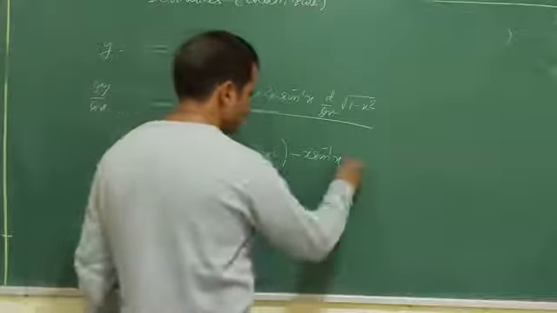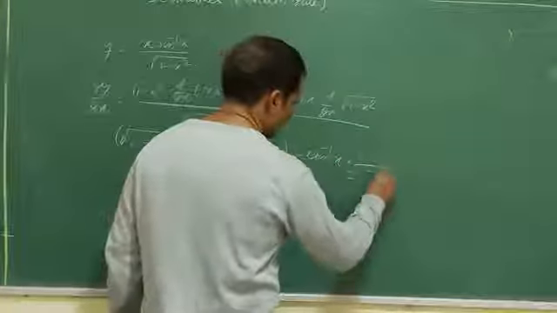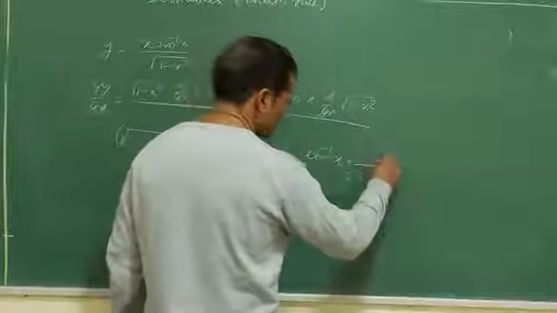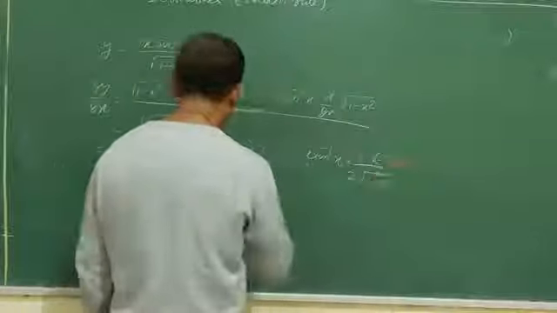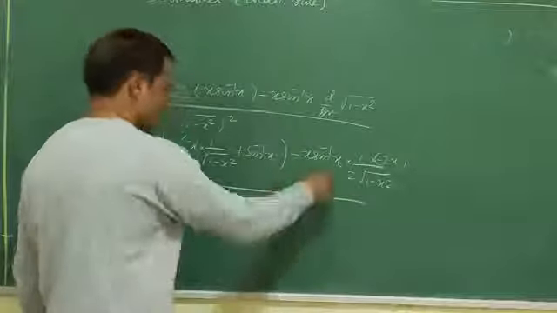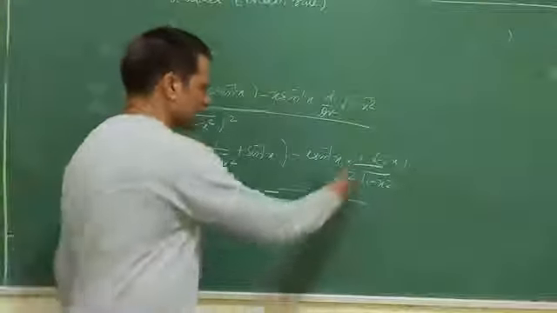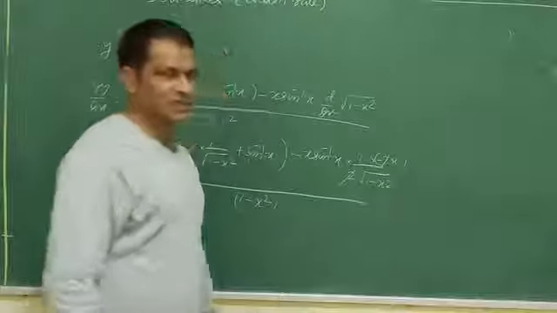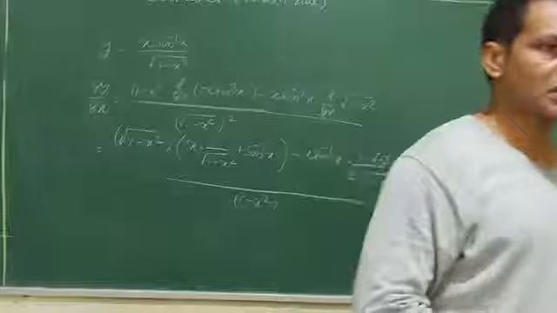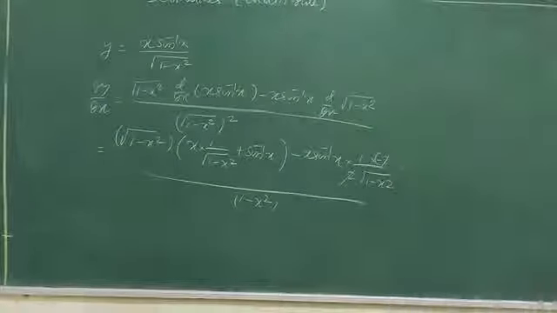Root x derivative 1 by 2 root x into derivative of 1 minus x square, that is minus 2x by 1 minus x square. Take LCM and solve it on your own completely. Okay, try to solve as many questions as you can. Tomorrow we'll start with inverse trigo and some leftover questions. Thank you.